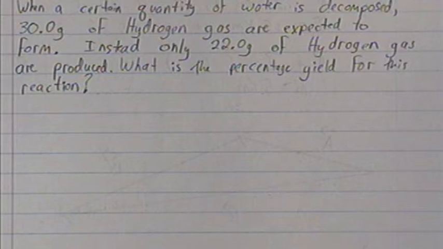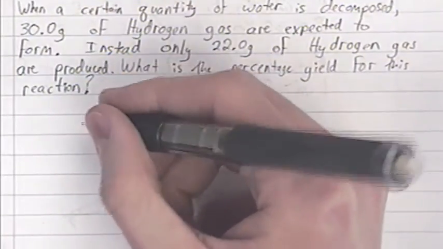Now let's try some. In this first example, we're given both the theoretical and the actual yield of hydrogen gas in a reaction. This is a very simple problem. All we have to do is divide those two.